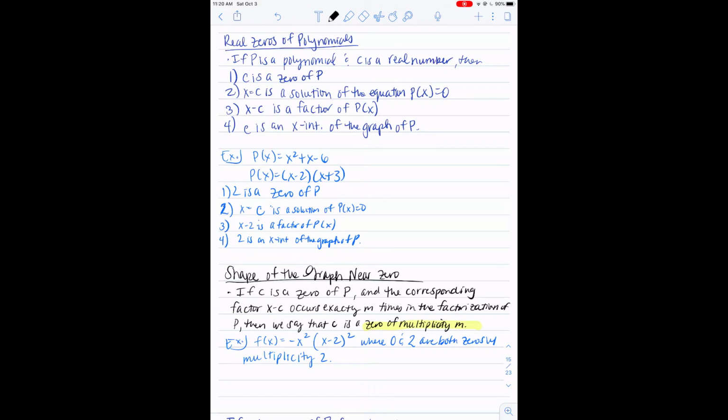If p is a polynomial and c is a real number, then c is a zero of p. X equals c is a solution of the equation p of x equals 0. X minus c is a factor of p of x, and c is an x-intercept of the graph of p. Those are all equivalent.